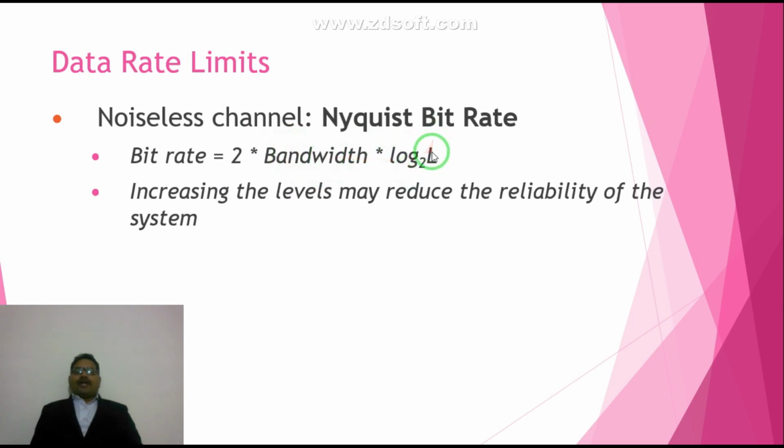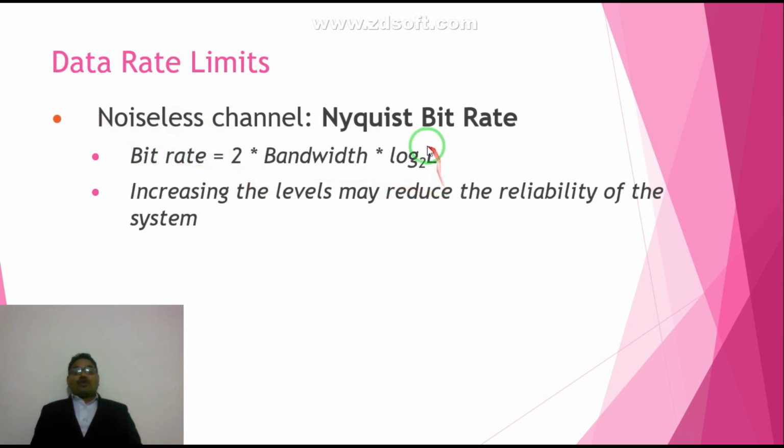L is going to tell you the number of signal levels which are going to represent the data. So it is easy to see that if I increase the number of levels, then the bit rate is going to increase. It is a general understanding.